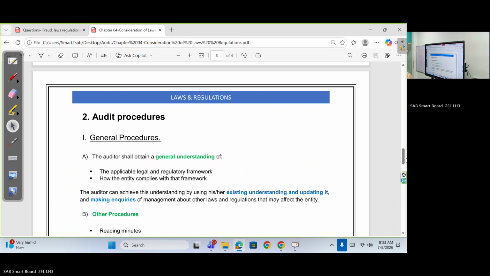Number one, general procedures. Number two, if you have identified any cases specifically, what are the things you have to do? General procedures, whether or not you have identified any non-compliance cases, you have to do in the audit. In the general procedures, we have two types.